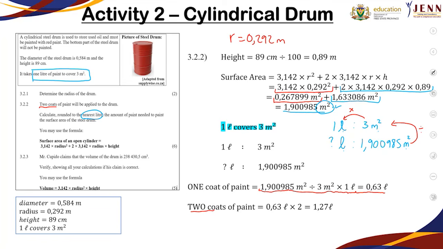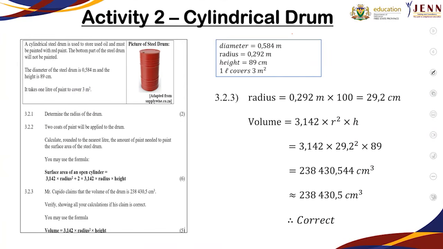So for 2 coats, I'm going to take the 0.63 liter of 1 coat and multiply it by 2, which means for 2 coats I'm going to need 1.27 liters of paint. Therefore, you have answered your question. All right. Let's go to the next question.